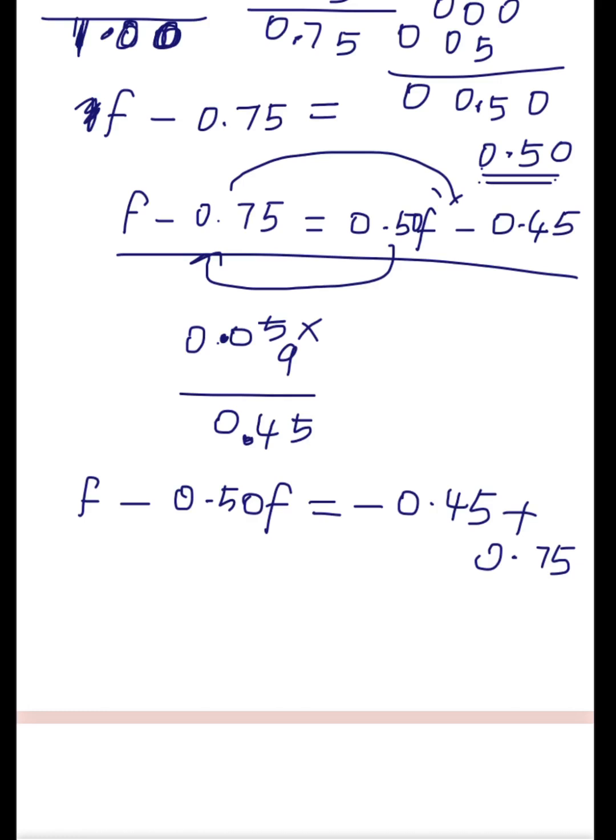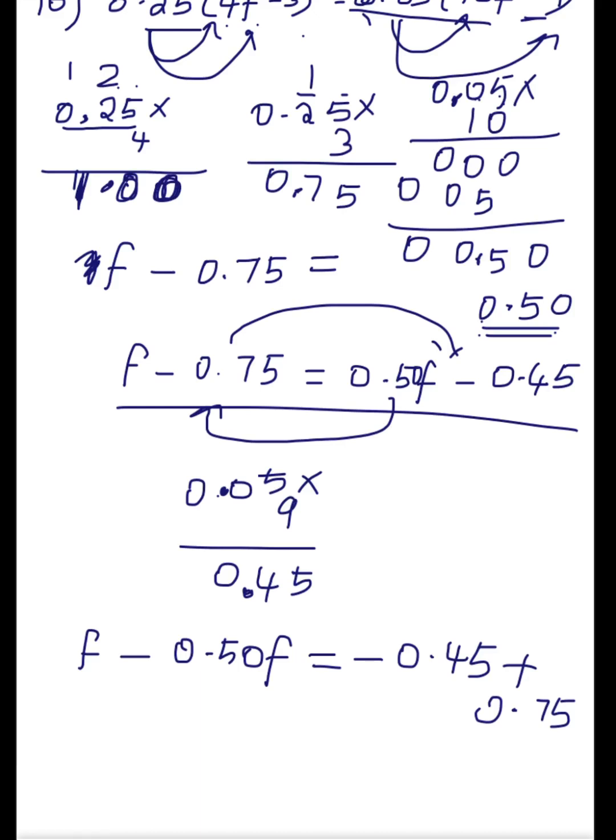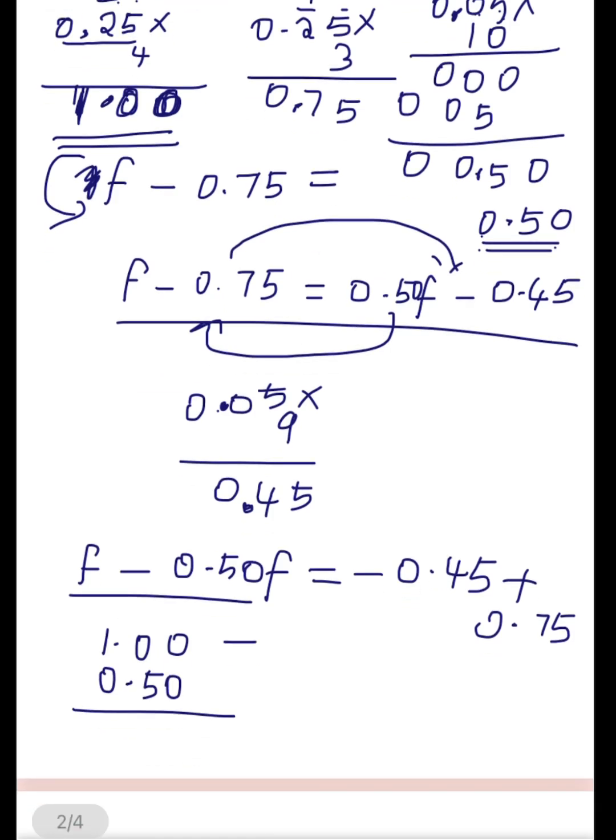Now what you have to do, f minus 0.50 means what? Here you have got the answer as 1.00, and that you have written as f. 1.00 means 1 itself, and that 1 you have put as f. So f minus 0.50 means actually 1.00 minus 0.50. When you are doing the subtraction, the decimal points should be in the same line.